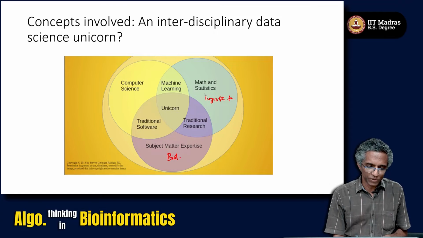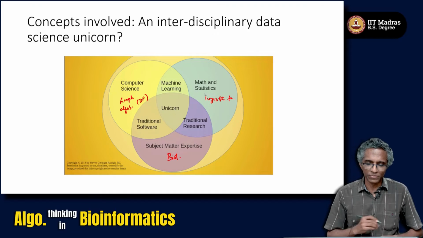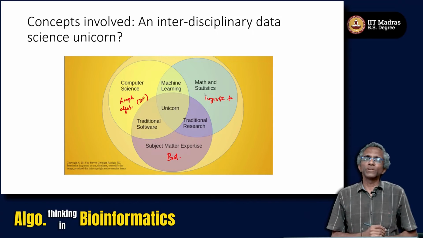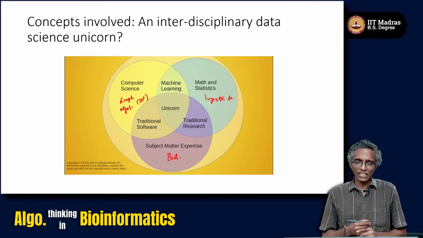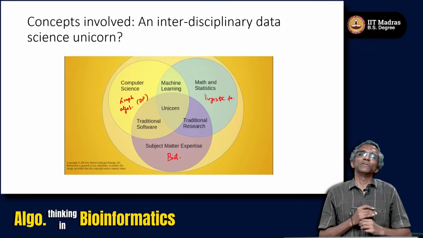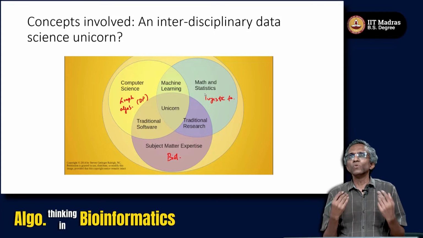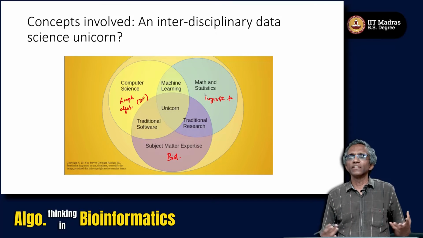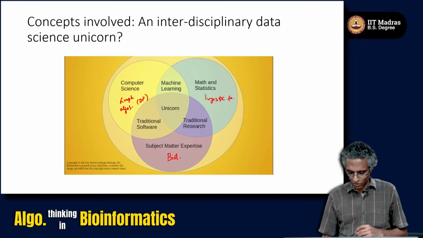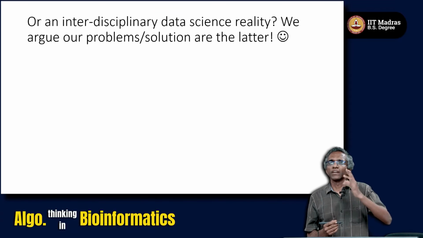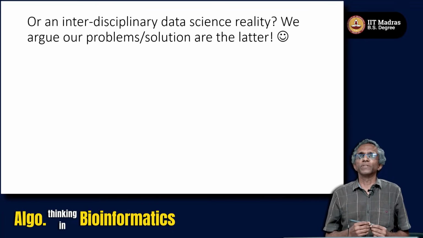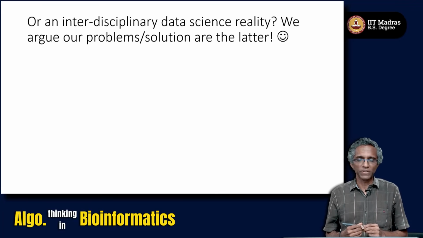And then in computer science we had to look at graph algorithms and DP based algorithms. All of this has to come together to solve these two problems 1a and 1b for this particular course. So, it is not really an imaginary unicorn that we are looking at. Real world problems do need concepts from different areas to come together naturally, and that is what I hope I have communicated to you through this real world data science problem.